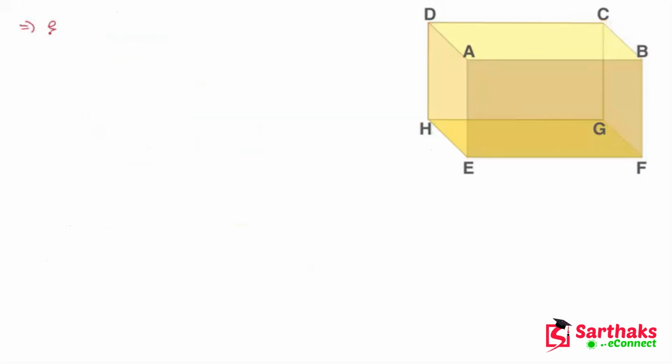Now let's talk about the edges of the cuboid. The edge of a cuboid is a line segment between any two adjacent vertices, or we can say between any two adjacent faces.